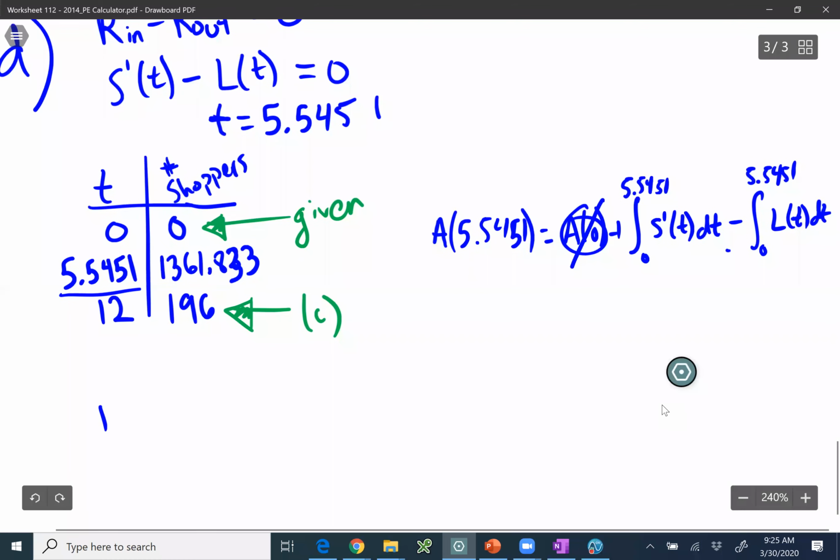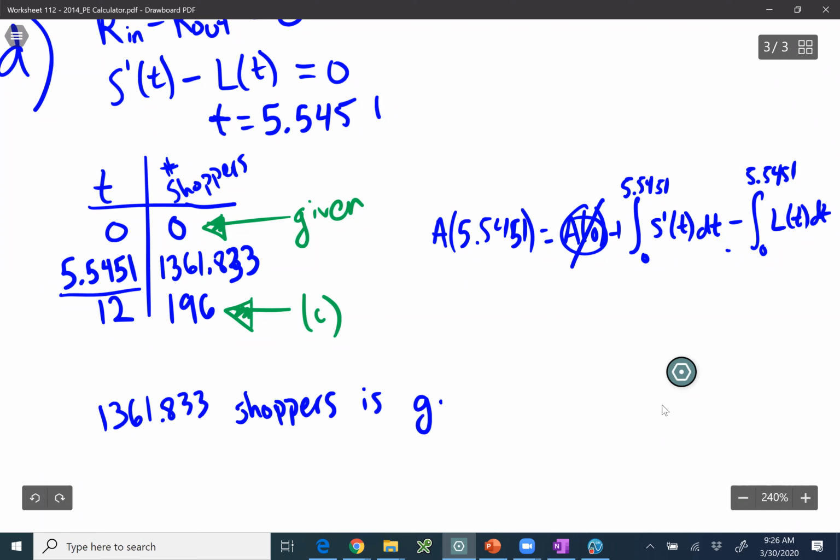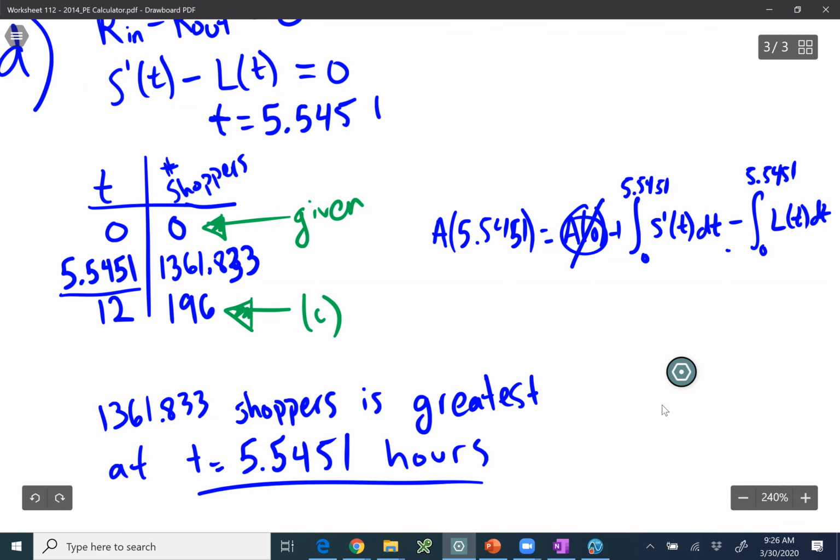So kind of writing the 1361.833 shoppers is the greatest amount, or whatever we write, at time equals 5.541 hours. That way we have both the time with units and we have the amount with units, so we can't get that wrong. Okay.